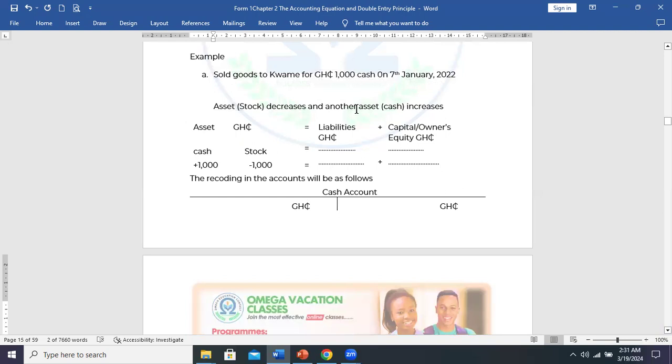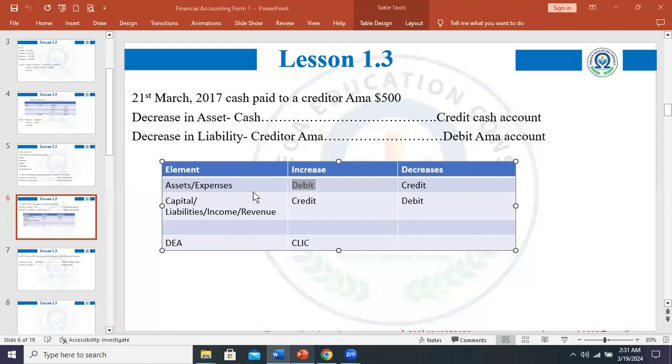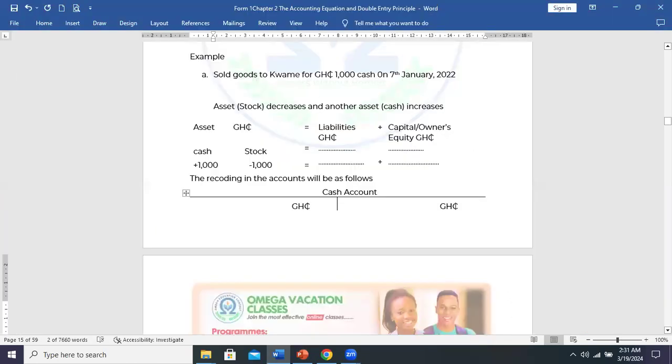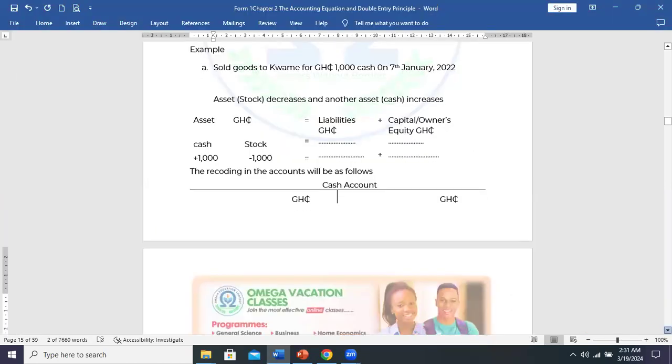Okay. And then for the cash, which is increasing, we open the cash account. So asset cash is increasing, and when assets increase, from the table, we debit. So it means that in this transaction, we have to debit the cash and then credit the sales account because stock is decreasing.